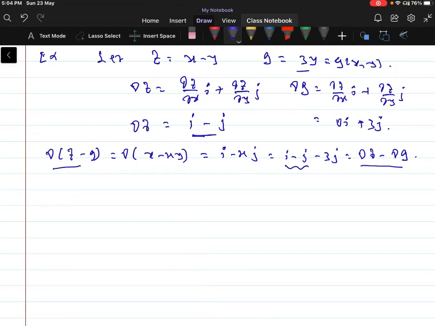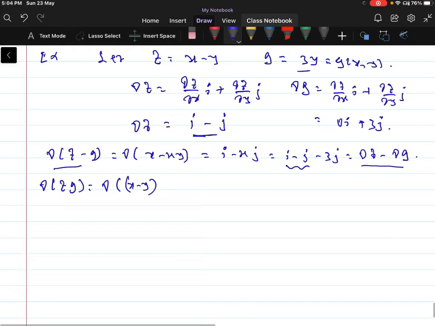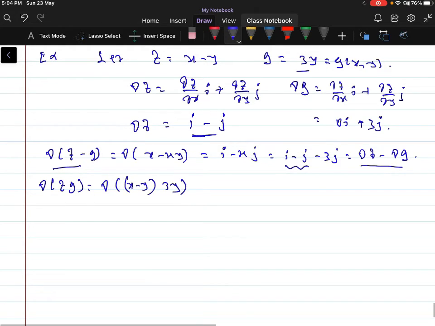So let us take the gradient of multiplication of two functions. So that is gradient of f into g, gradient of where f is x minus y into g is 3y. So that can be written as gradient of 3xy minus 3y square.